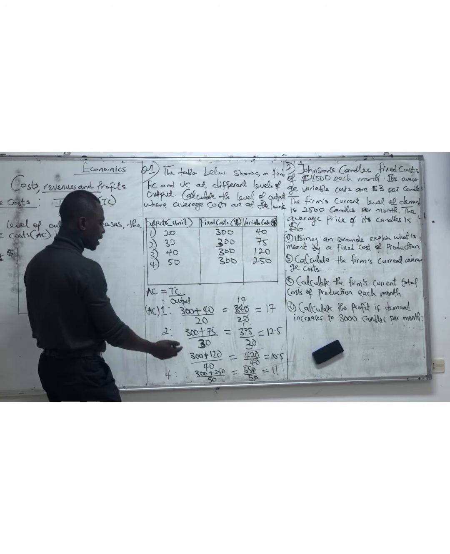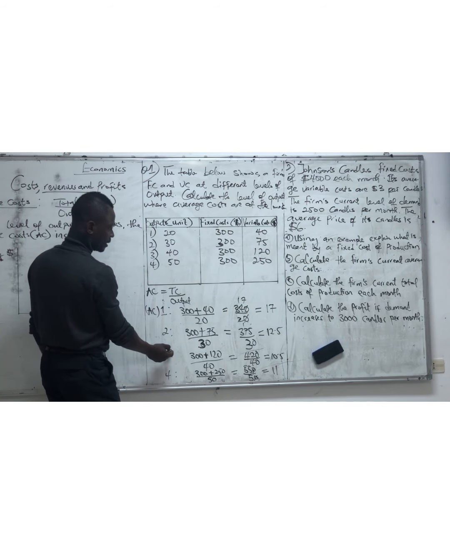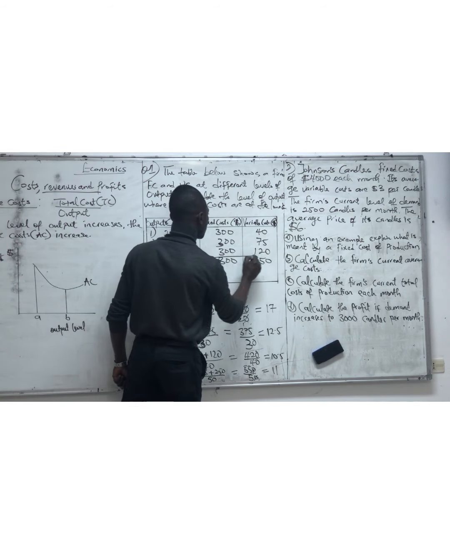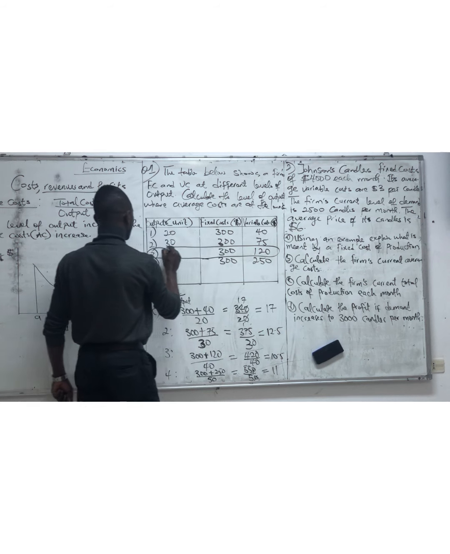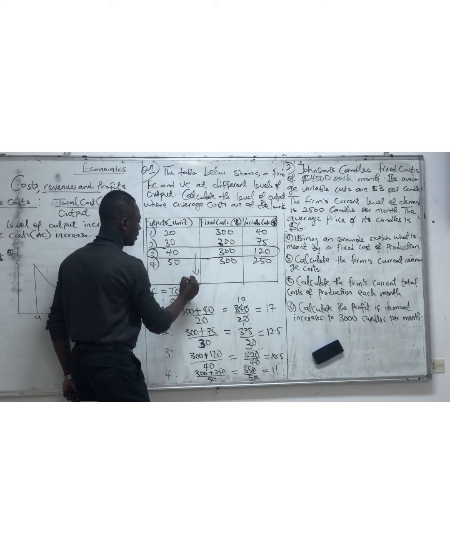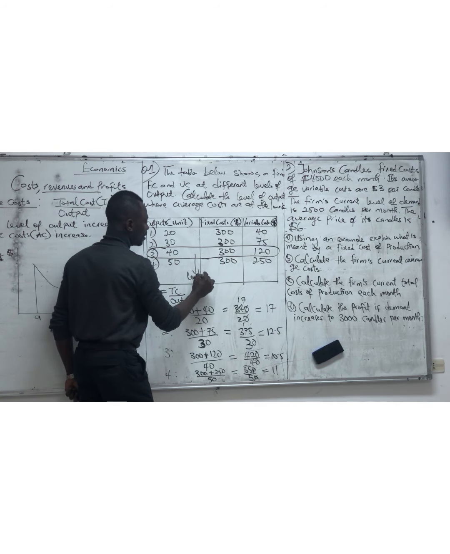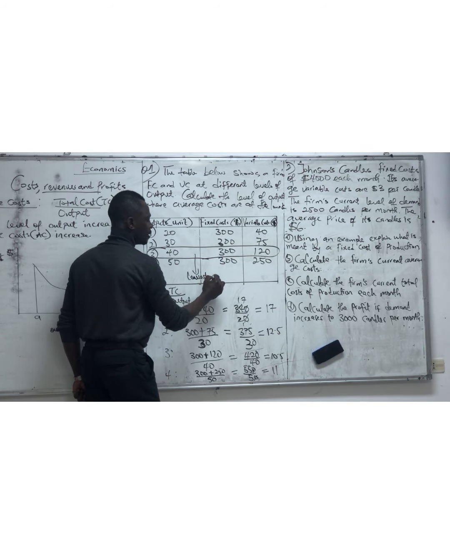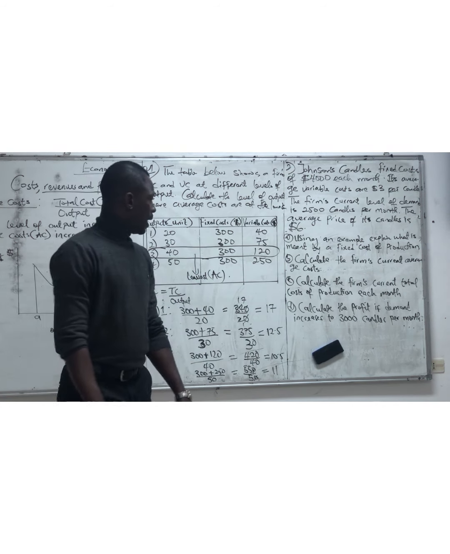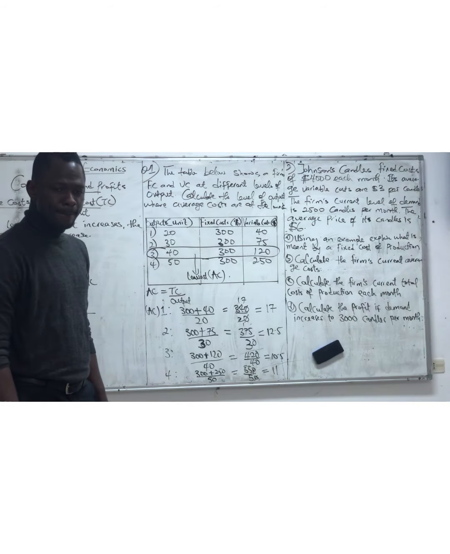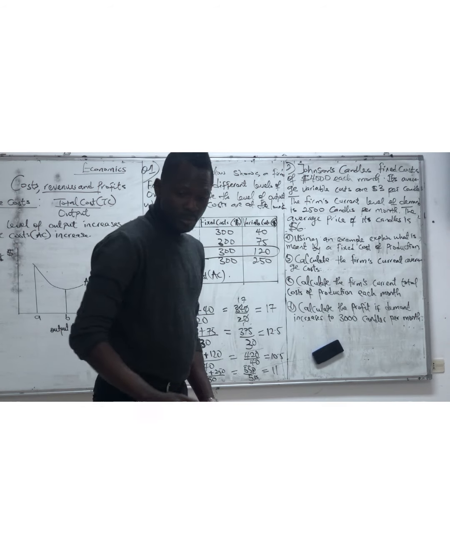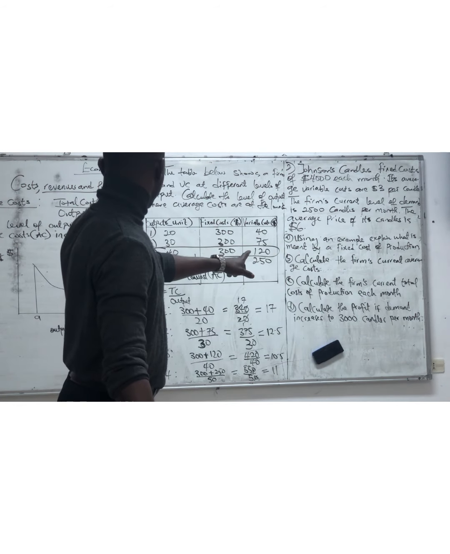At level of output 3, right? So we have the lowest level of average cost at this. Is it clear? Lowest AC. Any question about it? No, wait. So we go to the next one. I need to stop the video.